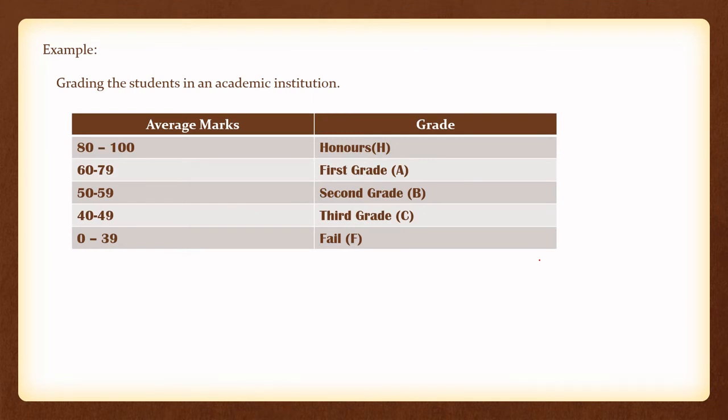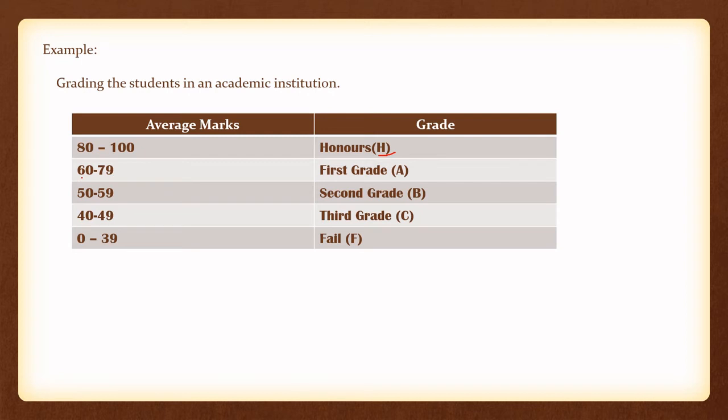We are going to grade the marks for the students. How we are going to calculate the grade: at first we have to calculate the average marks scored by the students. Based on some criteria, we are going to grade them. For example, if the marks are between 80 to 100, you can grade that student as H, which means honors.